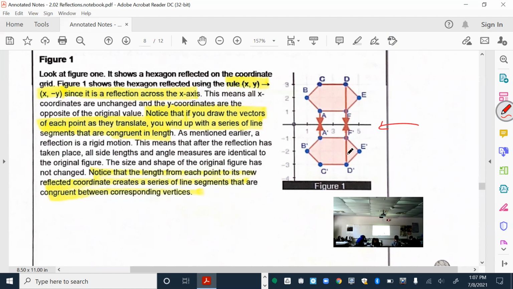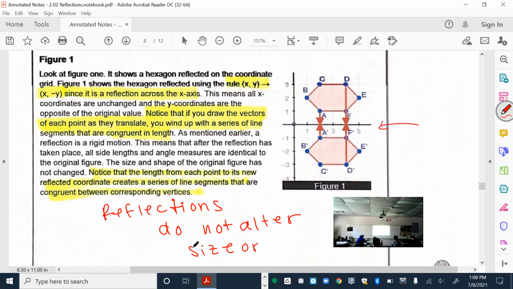And all it's really wanting you to sum up from this one is, do the hexagons change like size or shape? Is there a difference in size or shape from the first one to the second one? So that's the other important part. So reflections do not alter size or shape.